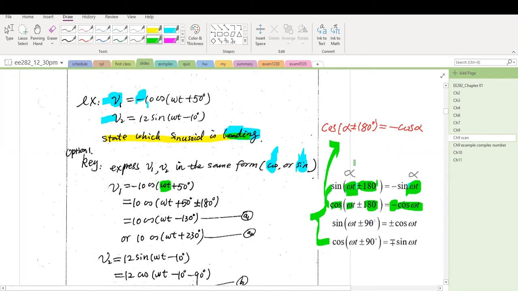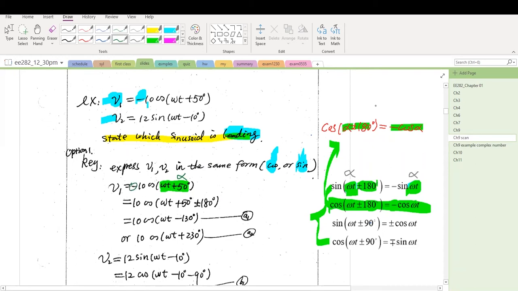So it's really helpful to write formulas like this. Cosine alpha plus or minus 180 degree equals minus cosine alpha. And the whole thing here, this is alpha. So now we want to get rid of the minus sign in front of cosine alpha.